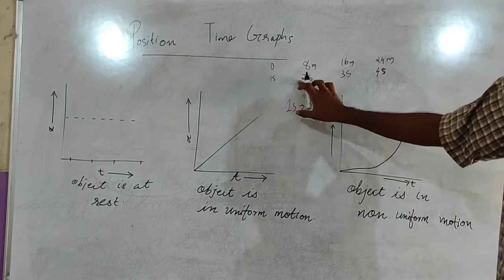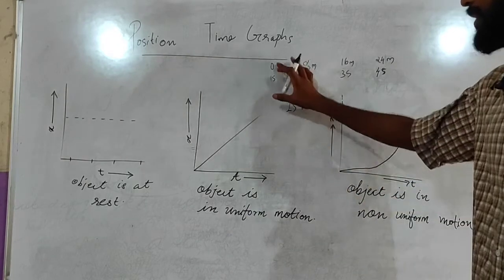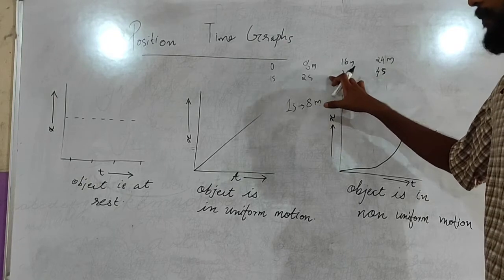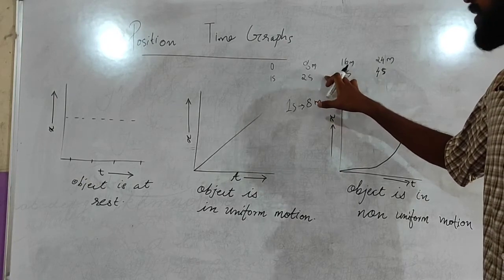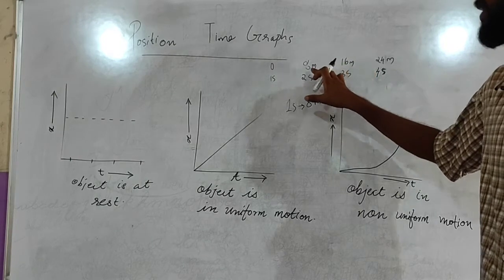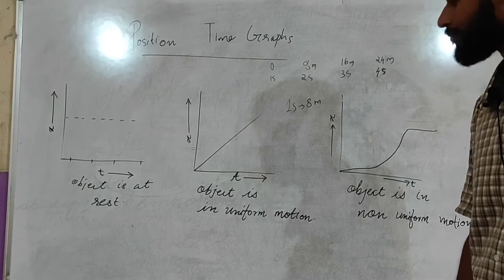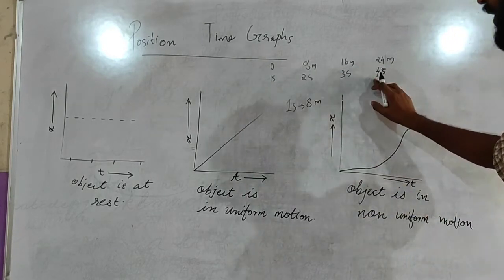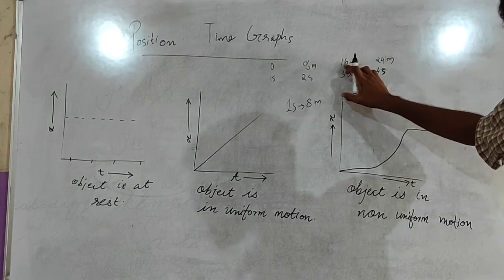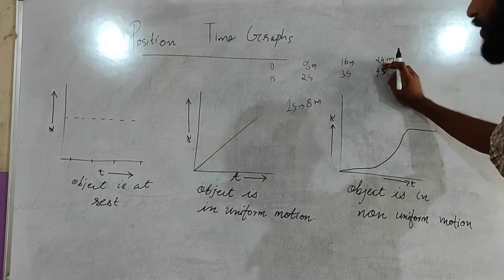For the first 1 second gap, 0 to 8 meters, 8 meter displacement has happened. For the next 1 second, from 2 seconds to 3 seconds, the displacement is 16 minus 8, that is 8 meters. Again between 3 seconds and 4 seconds, at 3 seconds the body is at 16 meters, and at 4 seconds the body is at 24 meters.